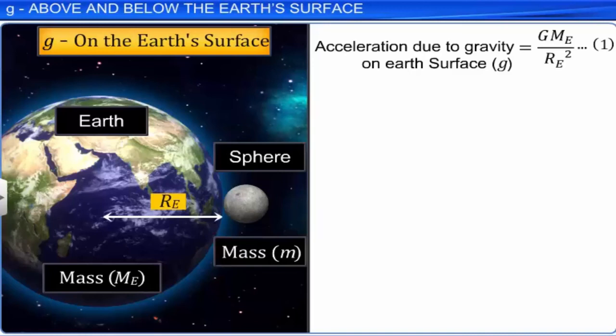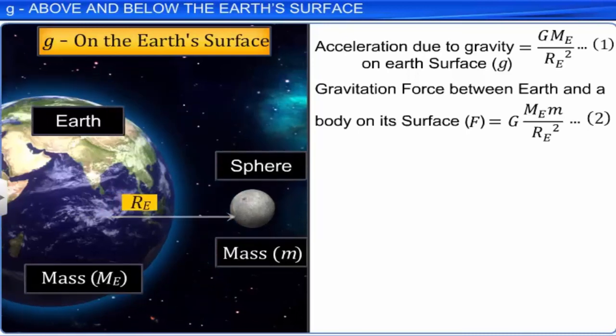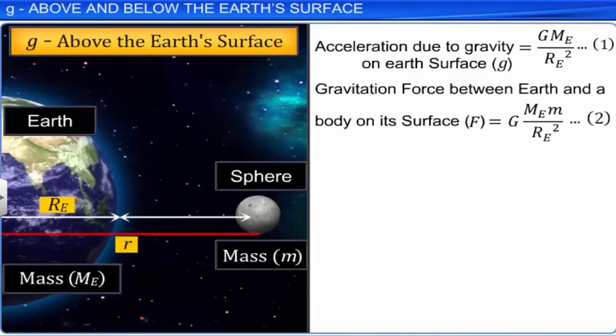F equals G Me into m divided by Re square, where m is the mass of the body on the surface of the Earth. Now let us assume that the body, that is the sphere, is taken away from the surface of the Earth to a height h, which is comparable to the radius of the Earth.